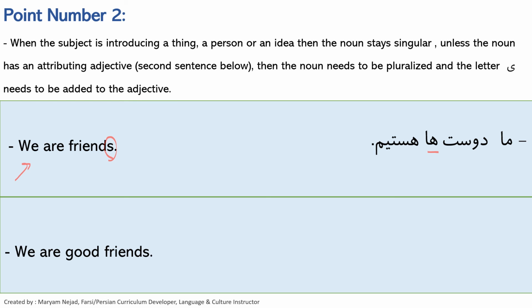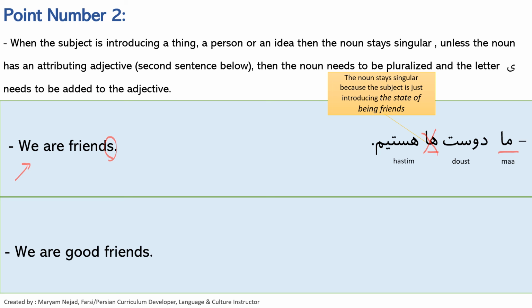So they say ما دوست ها هستیم. But this is wrong. We do not need to have a ha here because the subject is introducing the state of being friends. The subject is introducing an idea. So in this situation, we need to keep the noun singular.